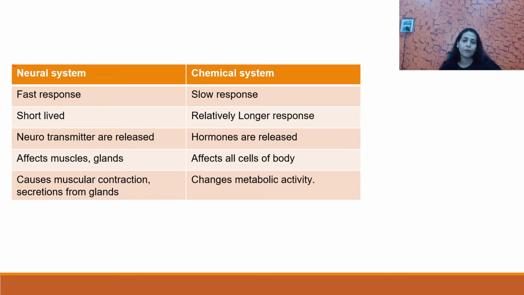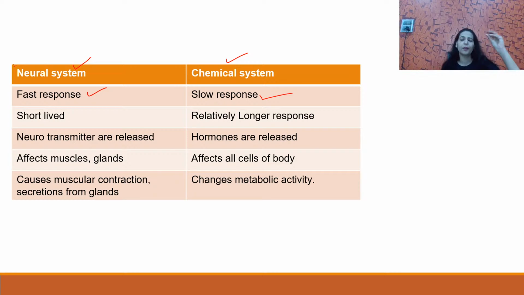All right. We will quickly compare the two systems, the neural system and the chemical system. Neural system is a fast response. You touch a hot pan, you remove your hand from the hot pan. That's the neural system, right? Slow response is the chemical system.